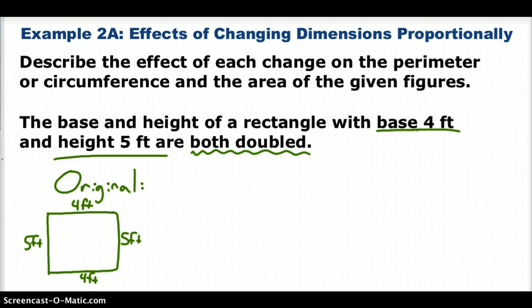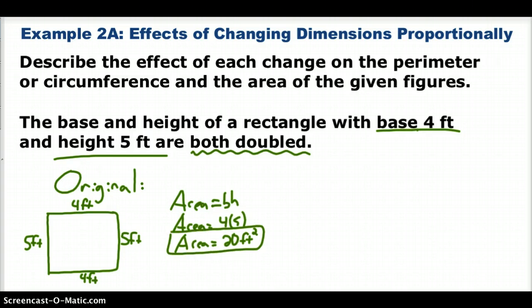It's pretty easy to say that the area of this figure is base times height. So the area is equal to 4 times 5, which is 20 square feet.